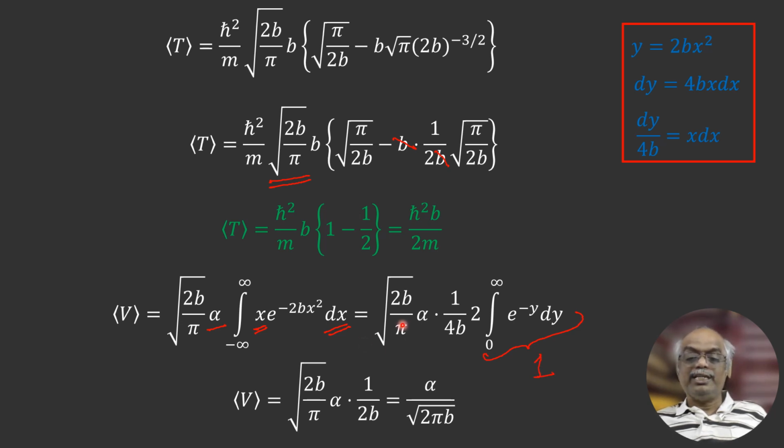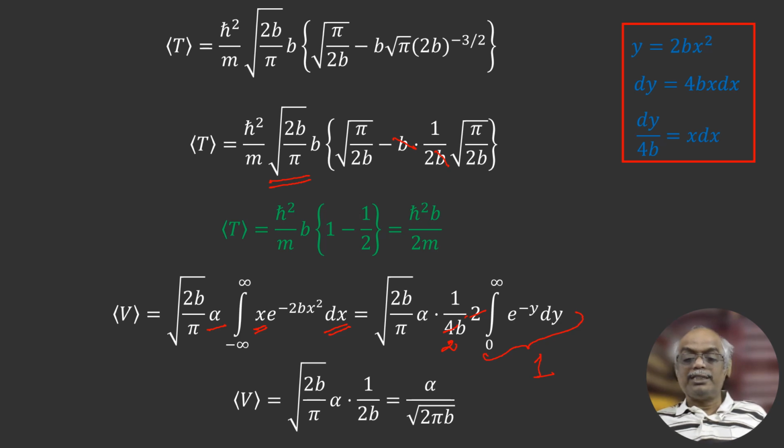So naturally you will get this square root of 2p over pi, alpha, 1 over 4p into 2. Now this 2 and 2 will get cancelled, 4 will get cancelled, this will become 2.